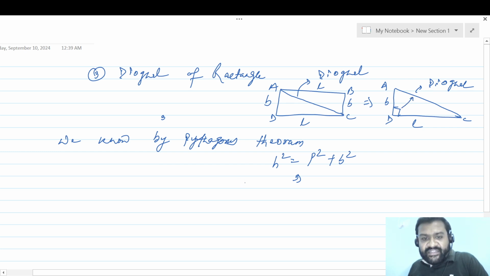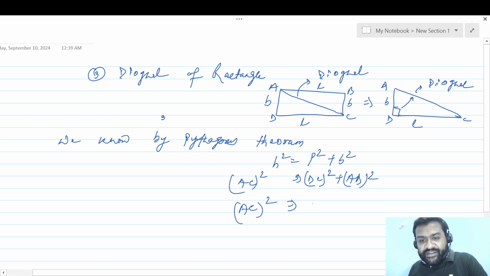Okay, so AC is the longest side. This is AC square is equal to DC square plus AD square. Okay, so AC square is equal to DC square, DC is our length, square plus AD is our breadth, square.